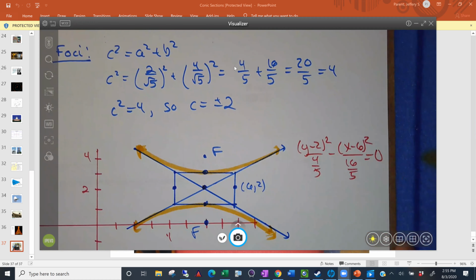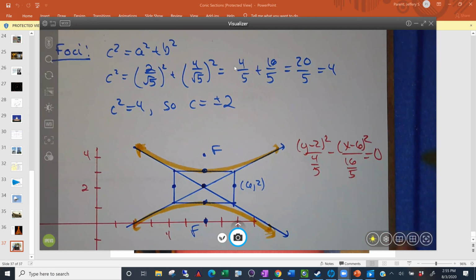Remember, we're replacing that 1 with a 0. If I move this term to the right-hand side, I'm also going to take the reciprocal on this, so it's going to be 5 times y minus 2 squared over 4 equals 5 times x minus 6 squared over 16.